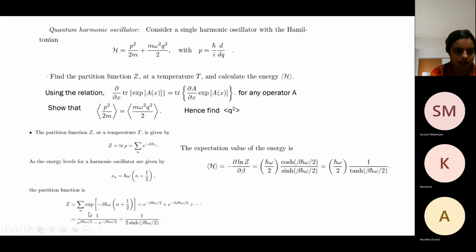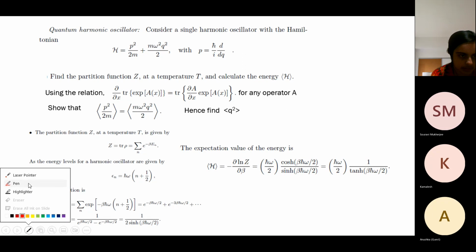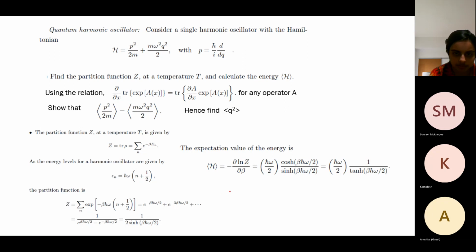So see, this is your Z, right? And how do you write the individual terms in the energy representation? Maybe take some states phi 1 and phi 0. We want that particular matrix element.